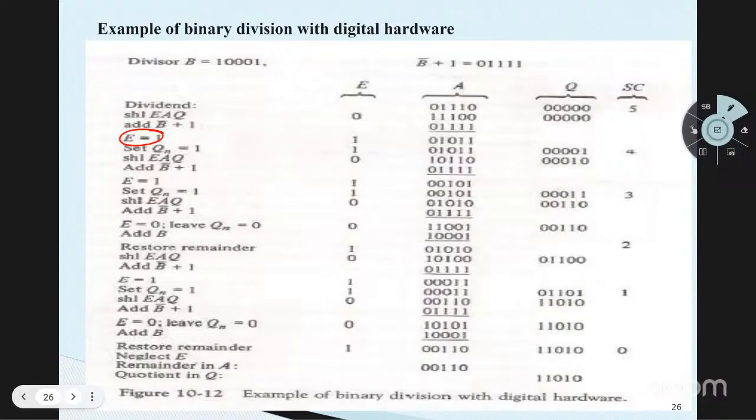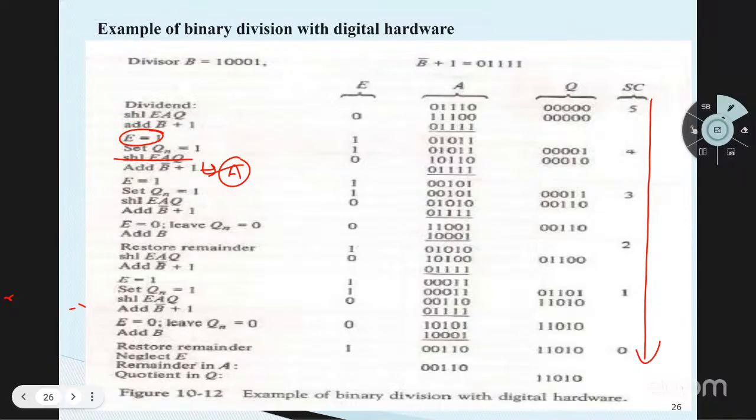Simply set Qn is equal to 1, then shift left operation, then add B bar plus 1 to A. Then again we are keeping the set E value. This process is implemented until the counter reaches 0.